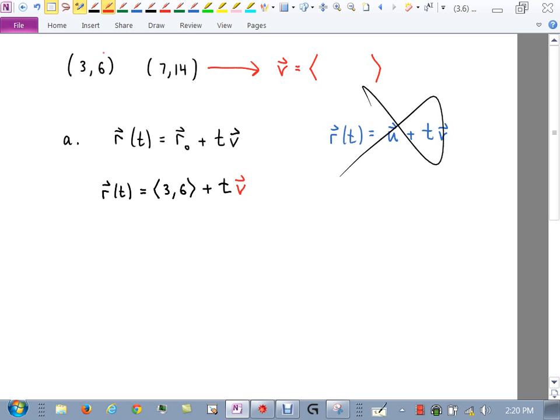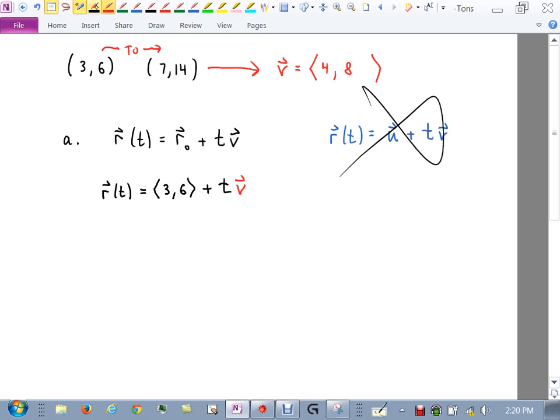But I'm going to go from here to here, all right? So that should give me the vector 4, 8. I do 7 minus 3, it's 4, and then 14 minus 6 is 8. In terms of the vector equation of the line, this is the direction vector, 4, 8.